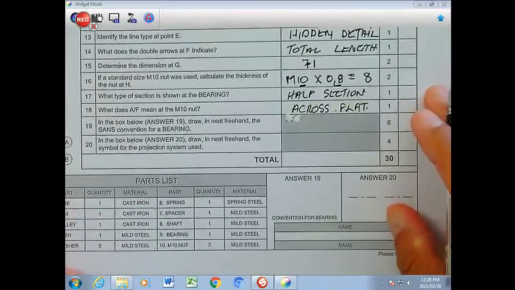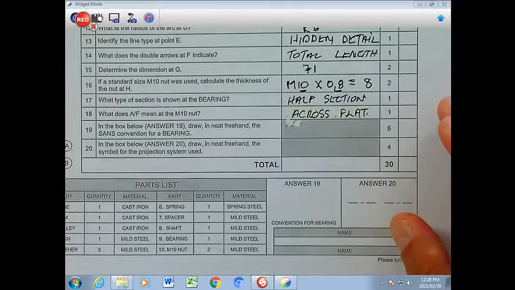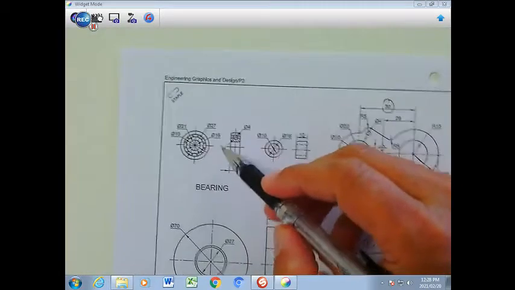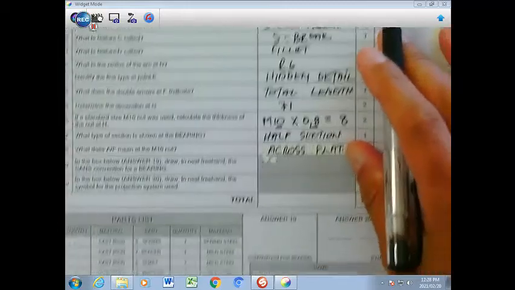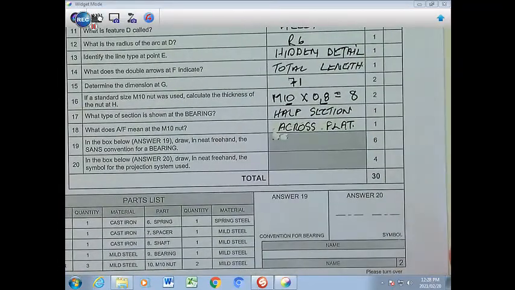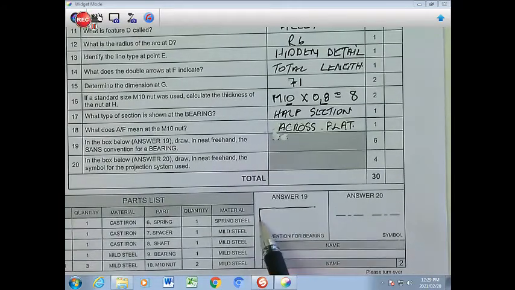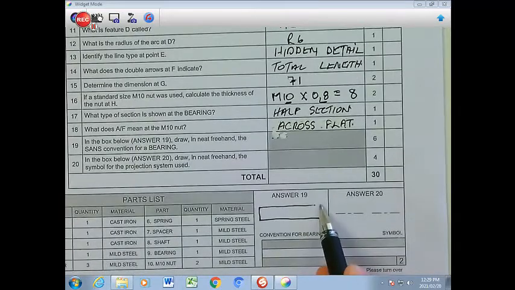Question number 19. In the box below, draw a neat freehand sketch of the sectioning convention of the bearing. So that is the bearing here as a picture. So you need to draw it. You can either draw it vertically or horizontally. In this case, there's more space horizontally. So I'm going to draw a rectangular shape like that.